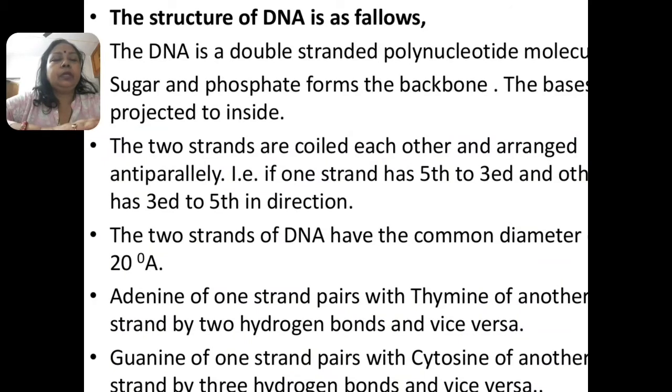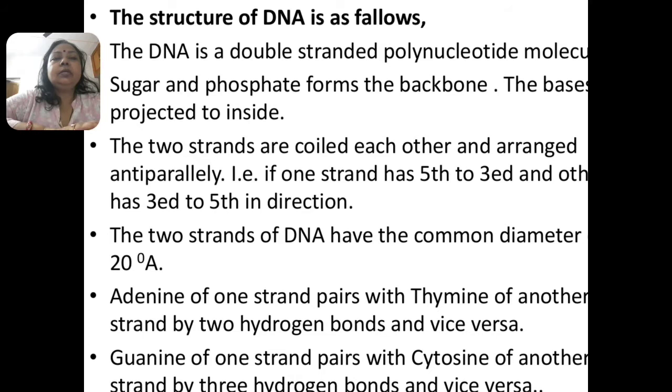According to their model, the structure of DNA is a double-stranded polynucleotide molecule, having sugar and phosphate forming the backbone, and the nitrogenous bases projected to the inside.